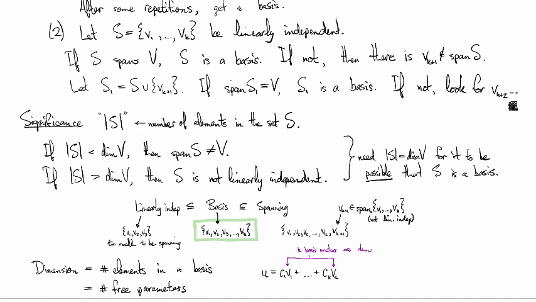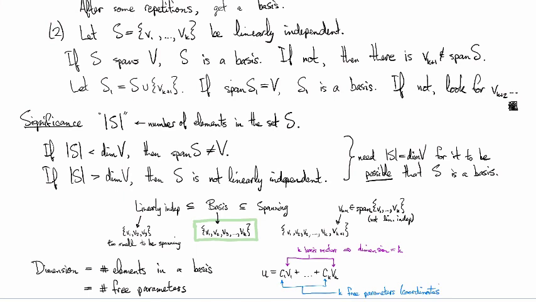So the dimension is k. Another way of looking at this is to say, oh, there are k free parameters, or k coordinates.